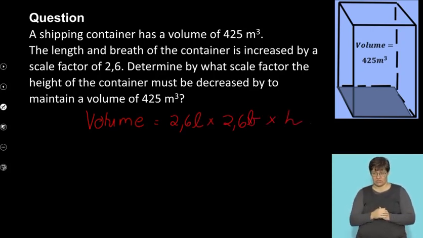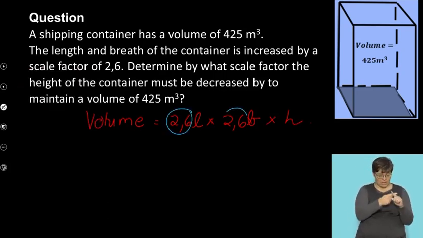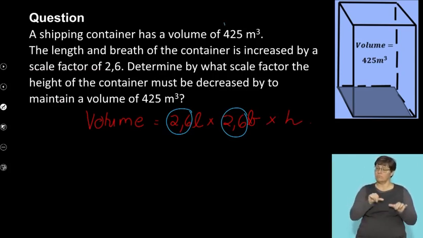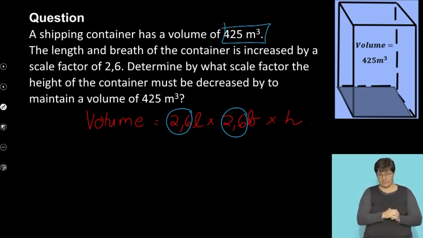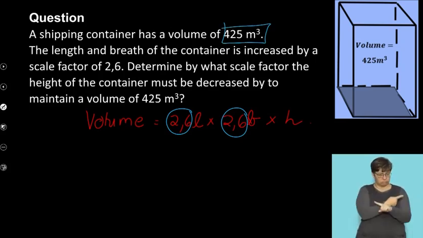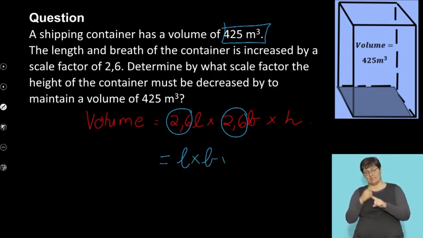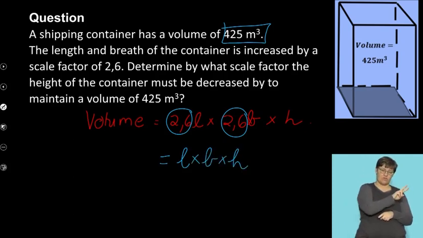So I've changed my length by a scale factor of 2,6 as well as my breadth by a factor of 2,6. But I want my volume to be maintained. So how I'm going to counteract that is by saying, what do I multiply my height with so that I'm going to get back to length times breadth times height is equal to my original volume of 425.